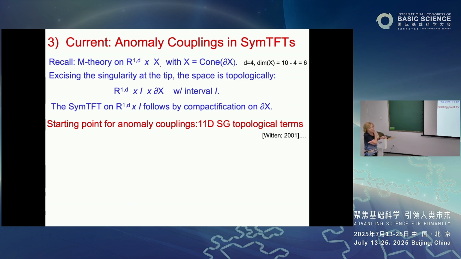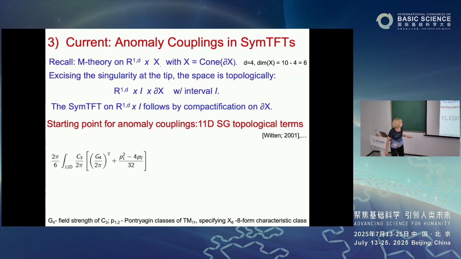We are dealing with 11-dimensional supergravity, and of course I'm going to focus on the famous topological terms that are associated with the 3-form gauge potential, its field strength, and of course it has the geometric part associated with an 8-form characteristic class that we represent in terms of Pontryagin classes of the tangent 11-dimensional space. So this is the original topological term.